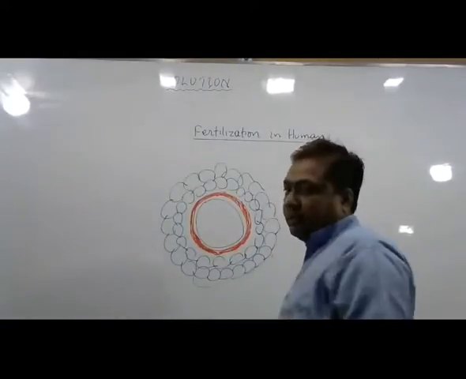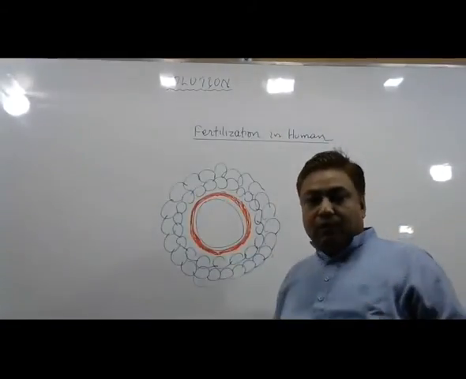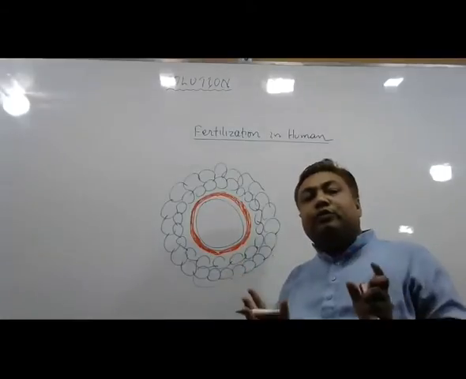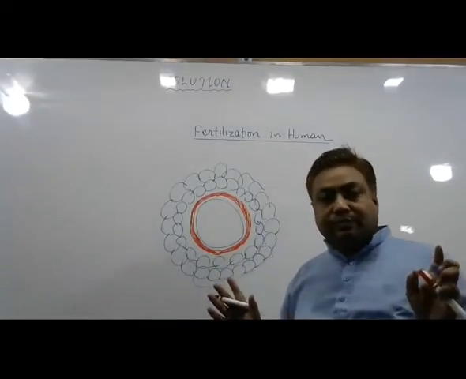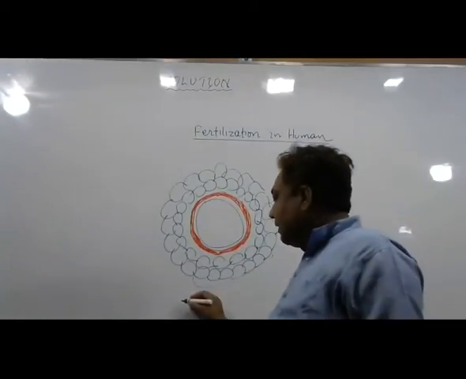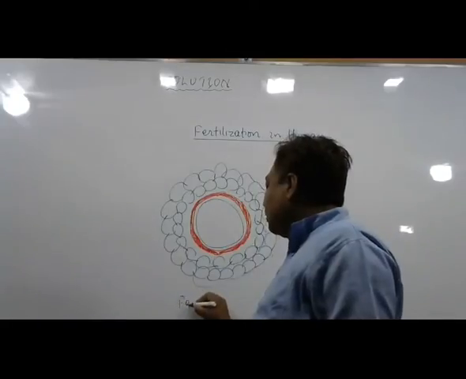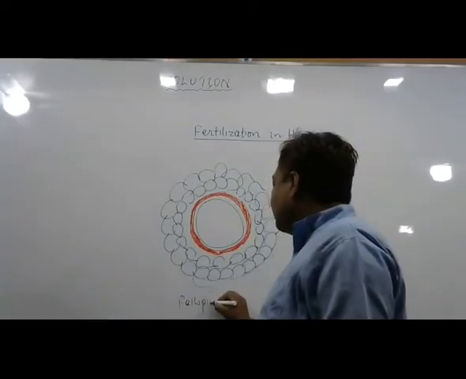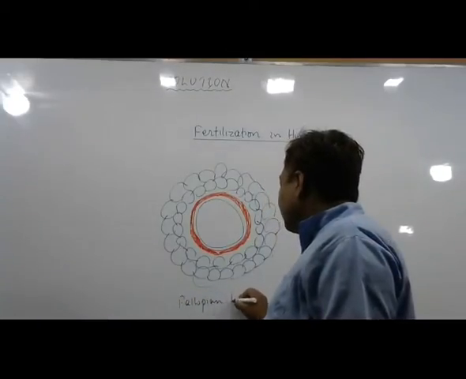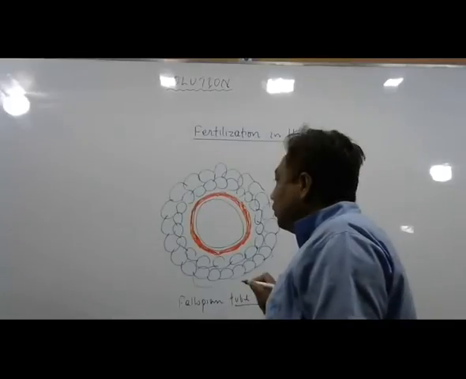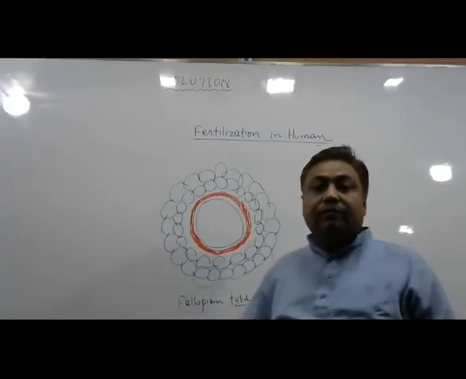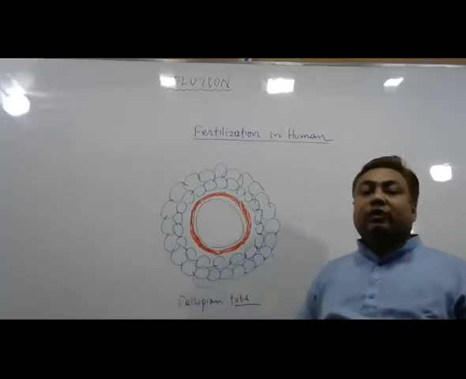Several layers are present. Now, this is the position of ovum. It is present in fallopian tube. Now, a sperm has to come in fallopian tube.